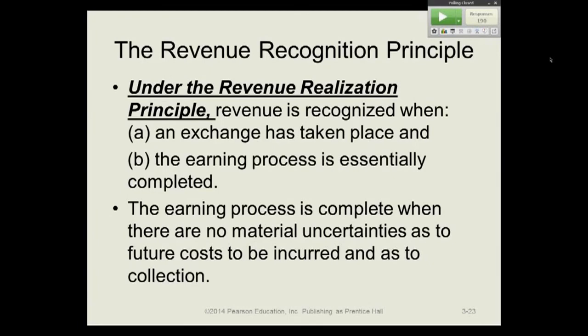Do companies have the ability to estimate warranties fairly well, do you think? Yeah, why? Well, past experience with the product. They pretty much know how many returns they get, how many failures their products have. Sometimes they can't project it exactly.